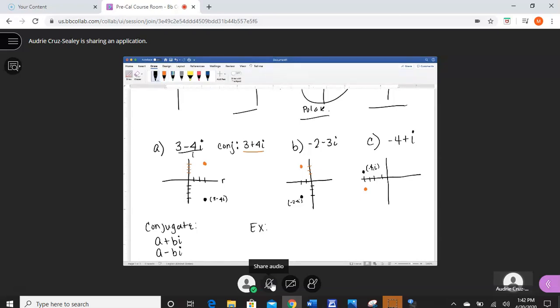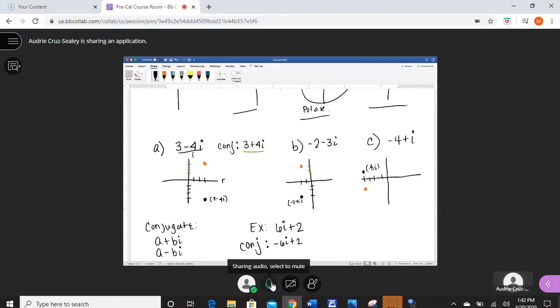Example, real quick. What if I had 6i plus 2? What would the conjugate be? No, I tricked you. Yes. It would be -6i plus 2.